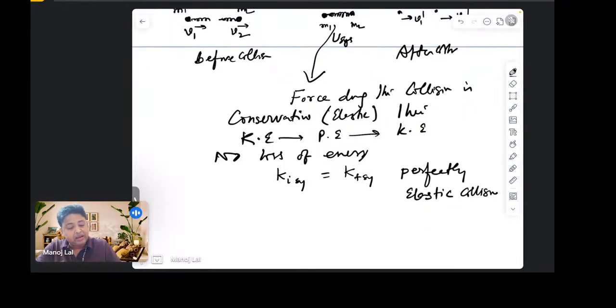If I apply the conservation of energy, I should say the conservation of kinetic energy basically.